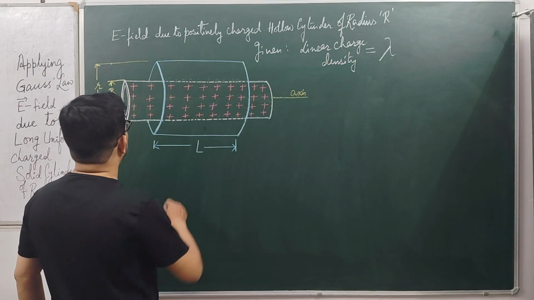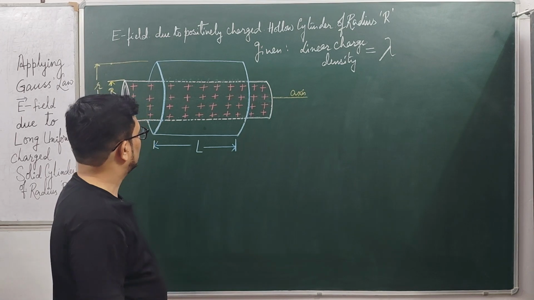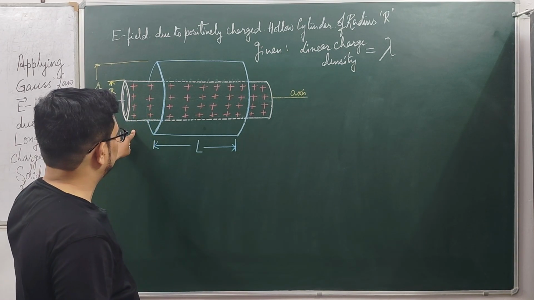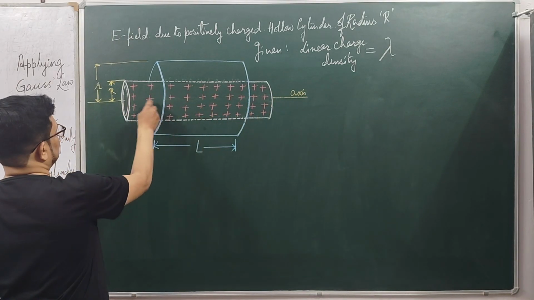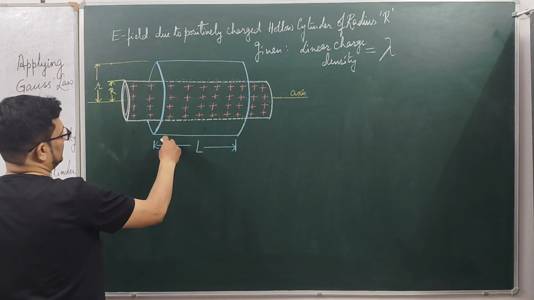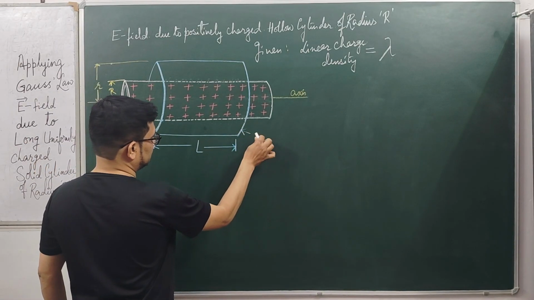The situation is we have a positively charged hollow cylinder and we have placed it in this manner. About this axis, we have drawn the Gaussian surface. So this one is the Gaussian surface.